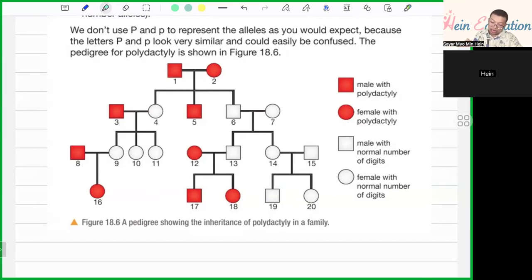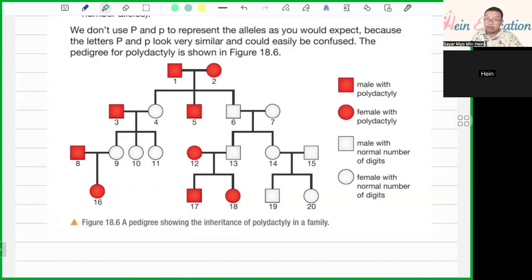Here we have 20 individuals, all family related, in a family tree. What I would like to do together, and you can also do it with me if you're watching this video, is identify the genotype.